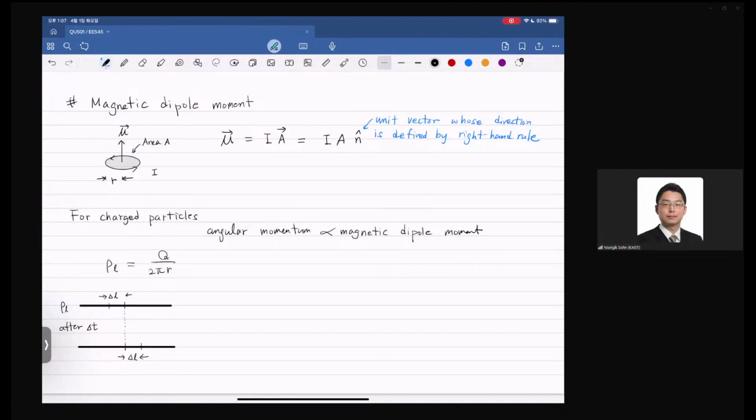So what I'm going to do is make a link between this picture and the current I used up there. Whenever you measure current I, what do you need? You need a cross section. You have some defined hypothetical cross section, and then you just count the number of charges passing through it.